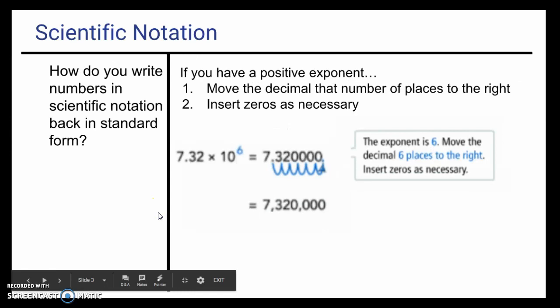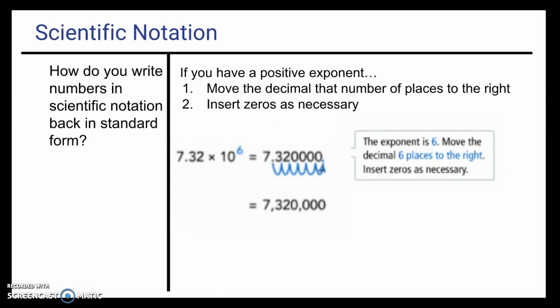Alright, so how do you write numbers that are in scientific notation back in standard form? If you have a positive exponent, you're going to move the decimal that number of places to the right and then insert zeros as necessary. So here we began in exponential form, 7.32 times 10 to the 6th power.